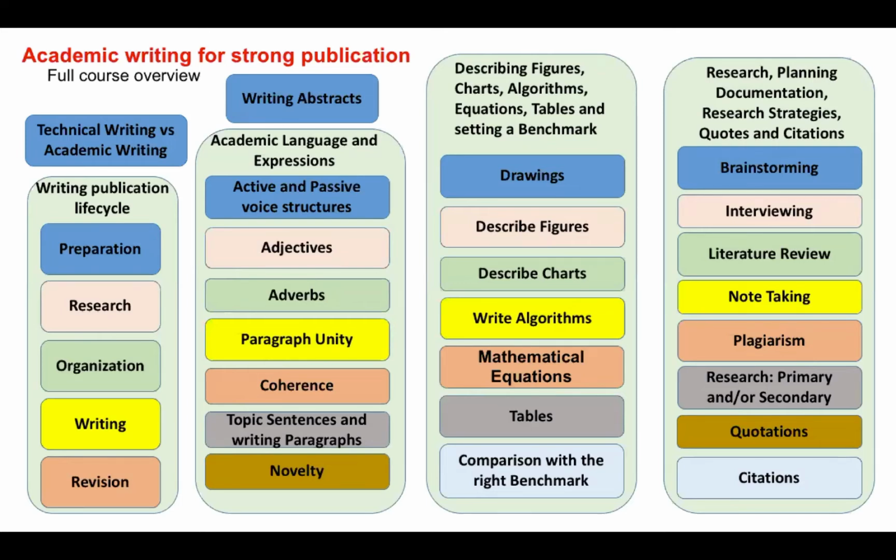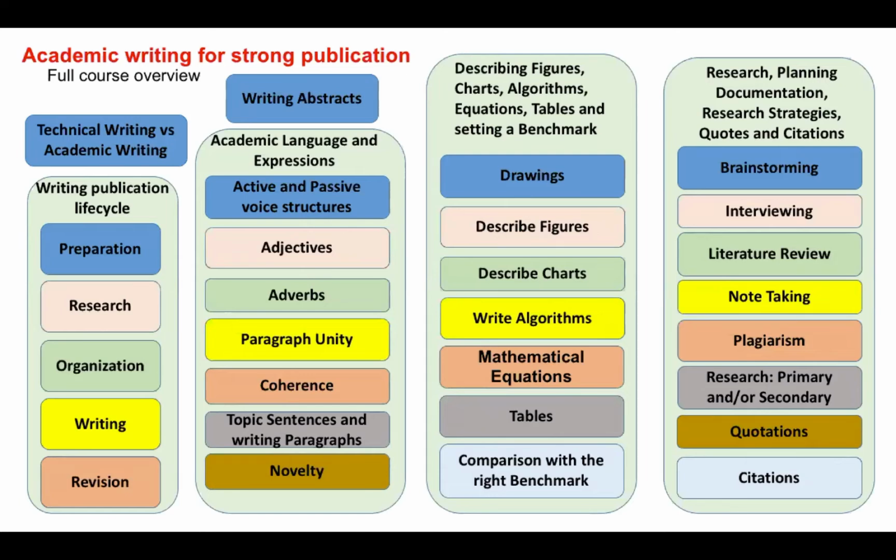The first is to understand what technical writing and academic writing really are and how they differ from each other. And the set of activities for the writing publication life cycle with the 5 stages that you follow: preparation, research, organization, writing, and revision, which we are going to focus on today.